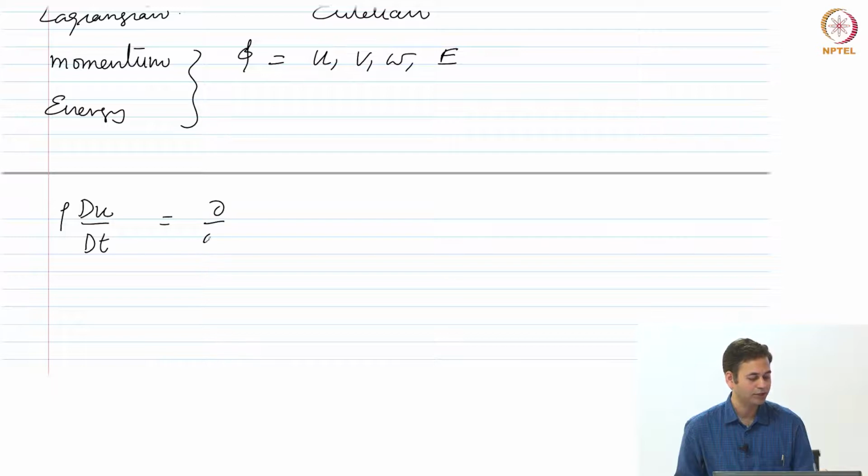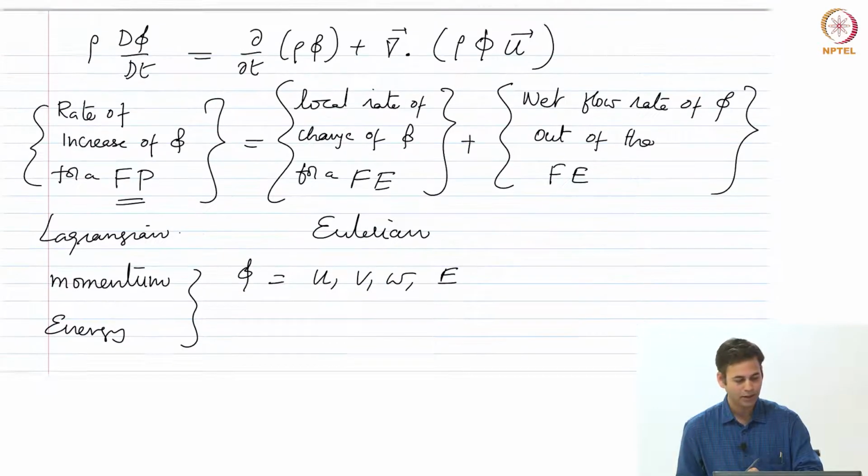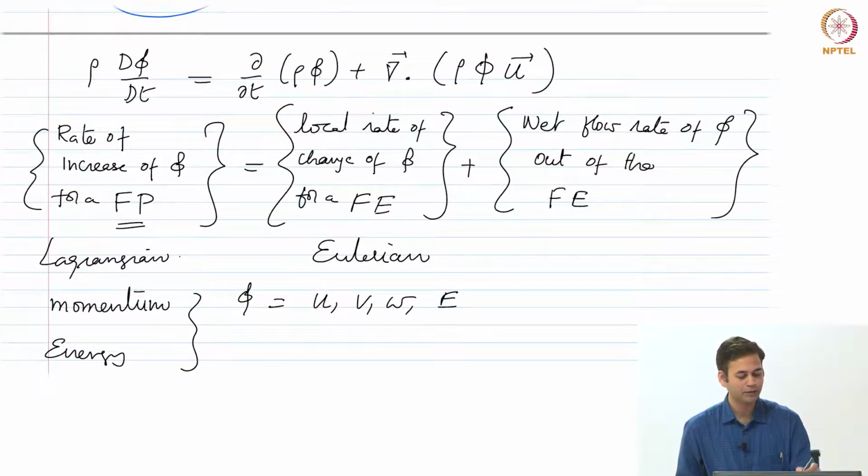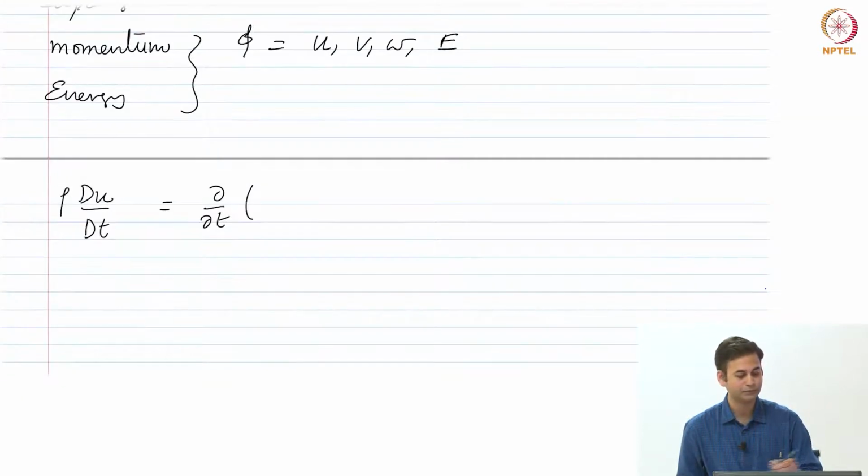This will be partial t of, we just have to plug in u instead of phi in both the terms on the right hand side, so essentially this gives us partial t of rho u, plus del dot, what do we have here?